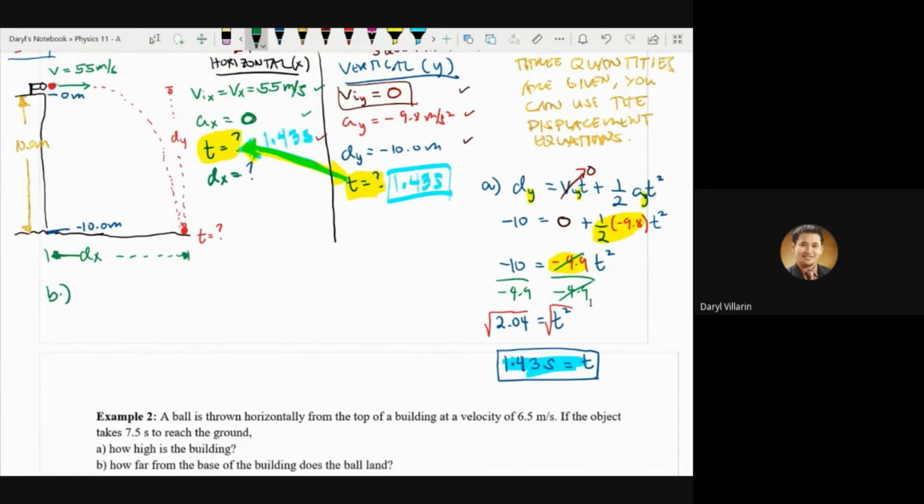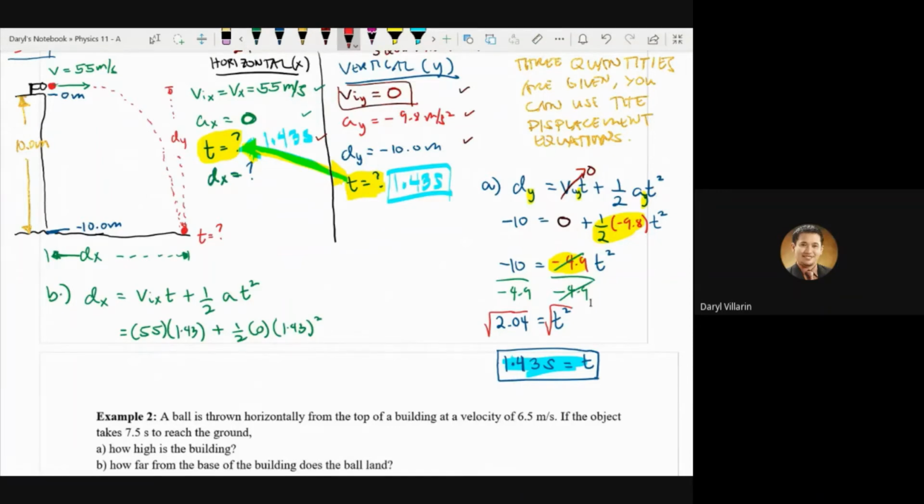So I can use the same equation: dx is equal to vx t plus 1/2 a t squared. Substituting everything, this is 55 times 1.43 plus 1/2 times 0 times 1.43 squared.